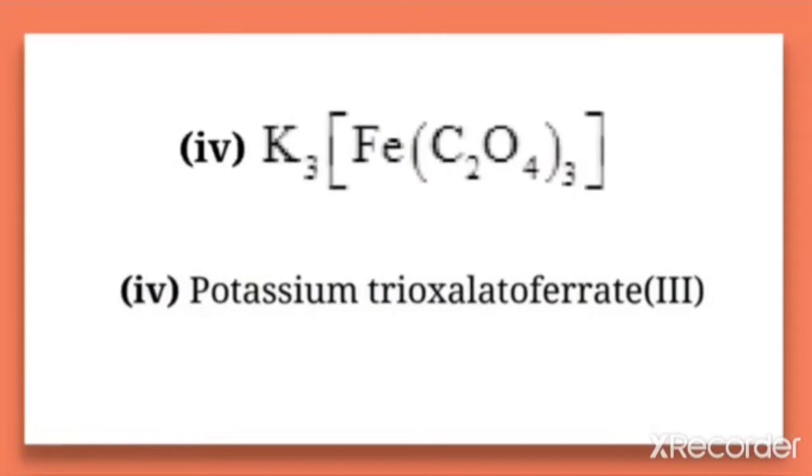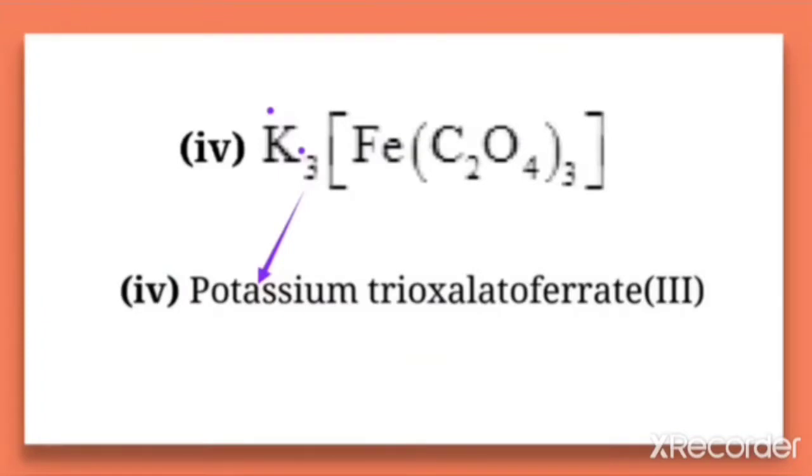Next, fourth one. Here, it is also an anionic complex because the counter ion is positive. So, how do we name this one? First, the name of the counter ion, potassium. I told you the number of counter ion is not specified. It is K3, but 3 is not at all specified. We'll just write down the name of the ion, that is potassium.